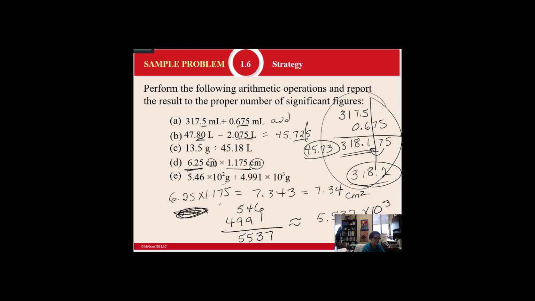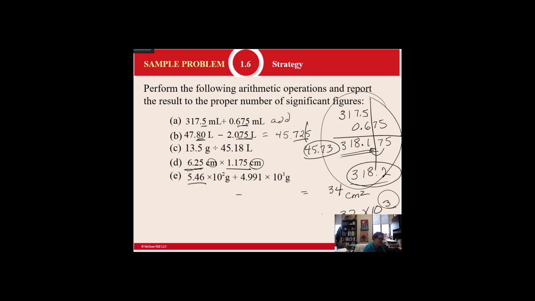The reason it's to the third is because you have to go back over this. This one had 3, this one had 4.